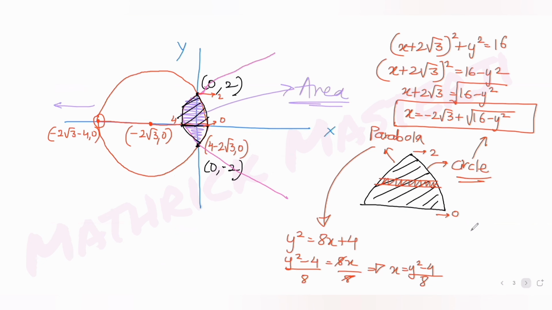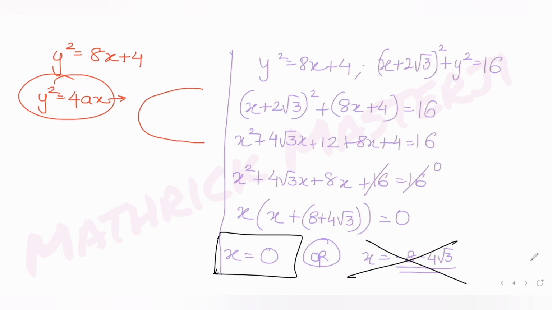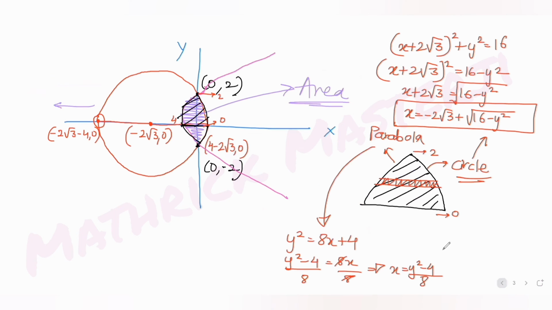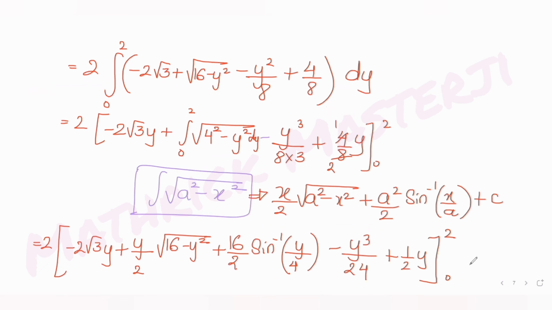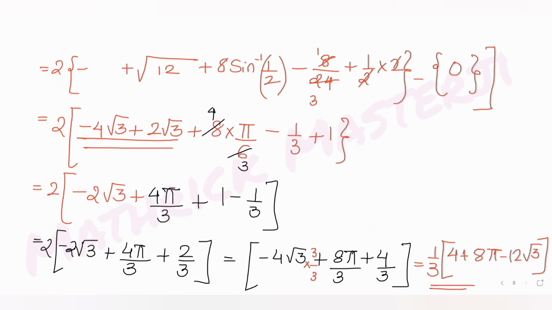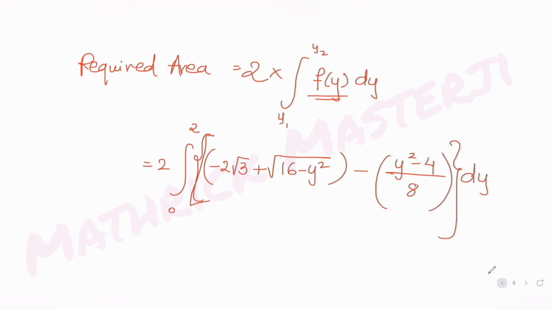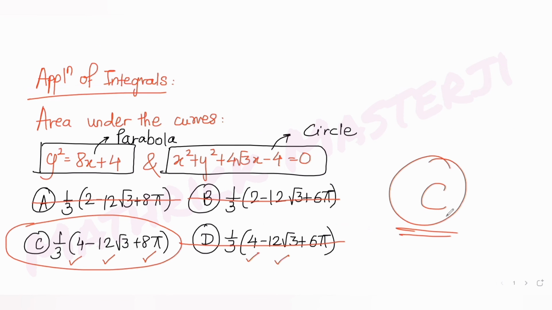So we just use the concept of applications of integrals to find the area between the circle and the parabola and then multiplied it with 2. I just use my value of the integrals here. Then once I integrated it, I just applied the limits and I got my answer choice, which matches with option C. So C becomes the correct answer here.